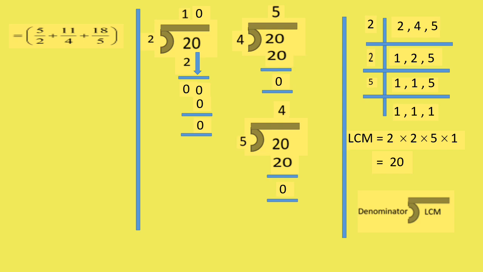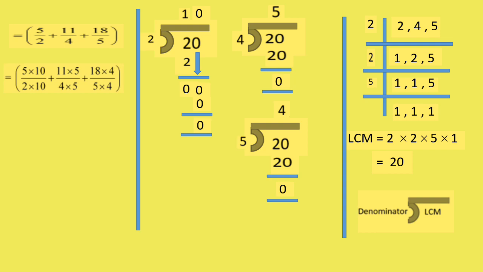So in the next step I will multiply the given fraction with the quotient like this. 5 by 2 into its quotient 10, so I will multiply both numerator and denominator by 10, then plus symbol, then for 11 by 4 the quotient is 5, so I will multiply 5 with the numerator 11 and the denominator 4.